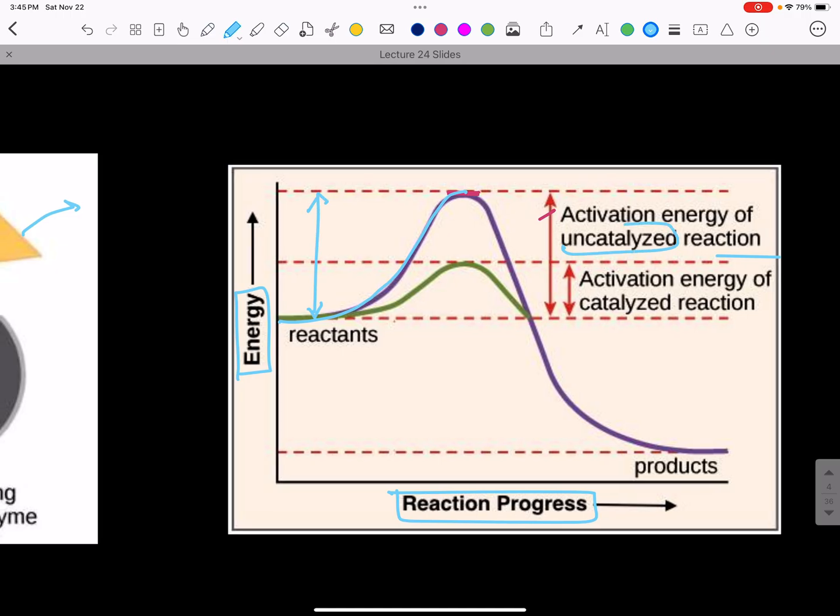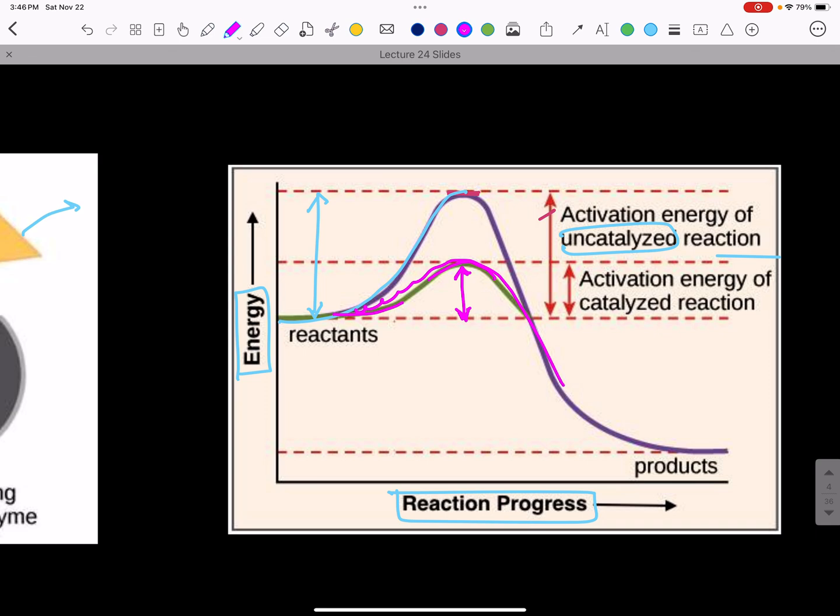However, if you look at the enzyme catalyzed reaction, which is this green curve, you can see that it's going to bring down the activation barrier. The energy required to cross the barrier is much lower, and that's why you can see many molecules can now go to the product side.